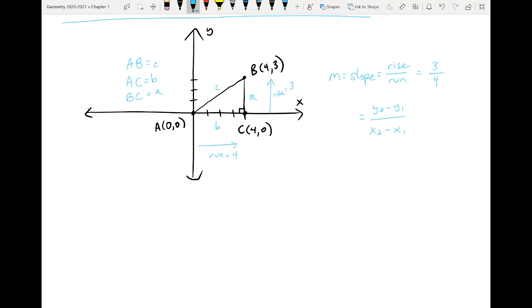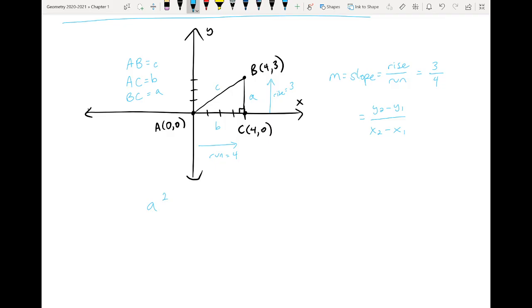It will come out the same either way, if you recall. So in the case of 4, 3, we're going to take 3 minus 0, and then 4 minus 0, and it's going to give us 3 over 4. All right, so that's our review of slope.